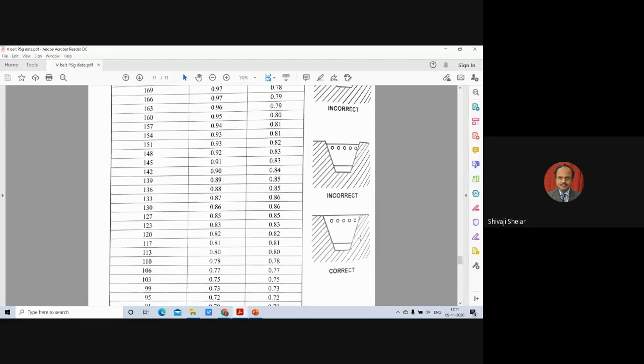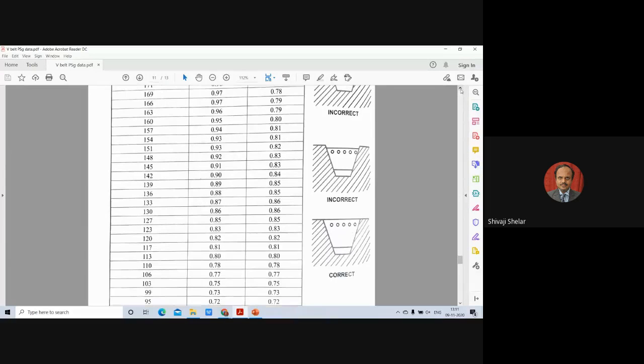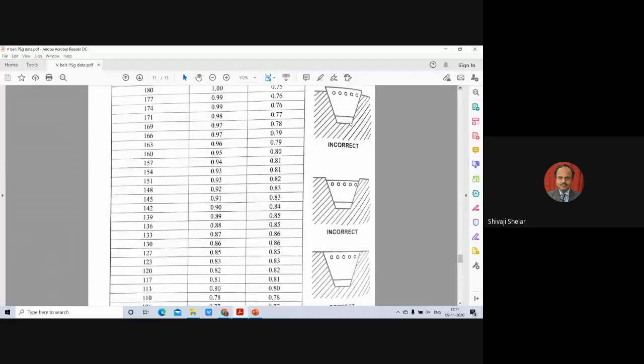This is the ideal belting condition, but you will not necessarily get the ideal condition every time. You may get either of these belting conditions. This one is not acceptable at all. The belt width above the pulley surface is not acceptable at all.